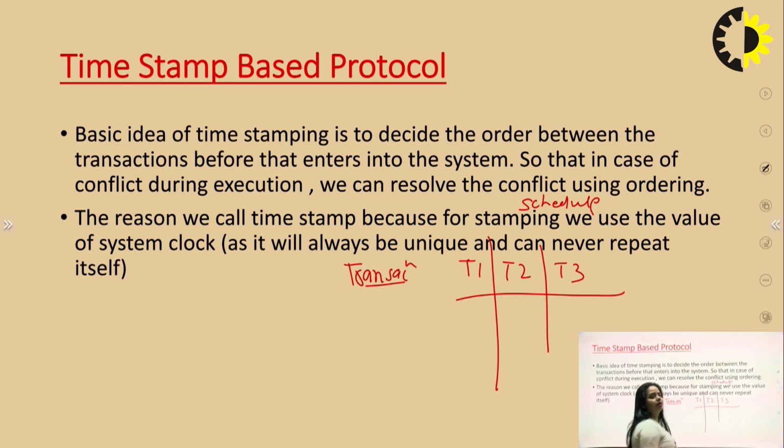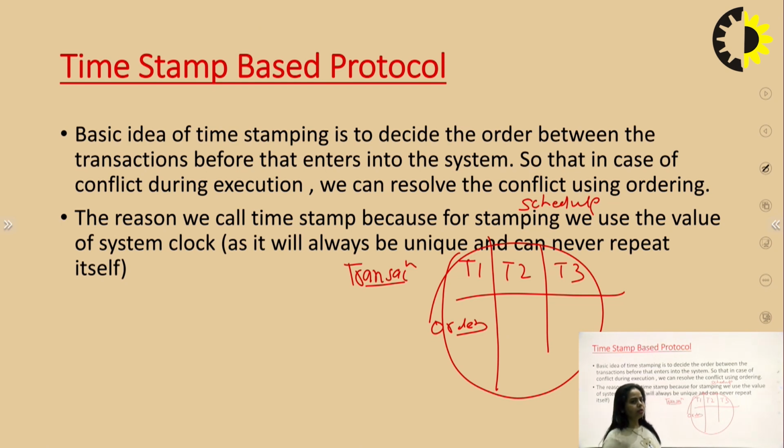When we run more than one transaction at the very same time, they make a schedule, and their order is known as a serializable schedule. The order of the transactions in which they are executed in the system is known as the serializable schedule. Now we have checked whether this schedule is conflict serializable, view serializable, recoverable or not.